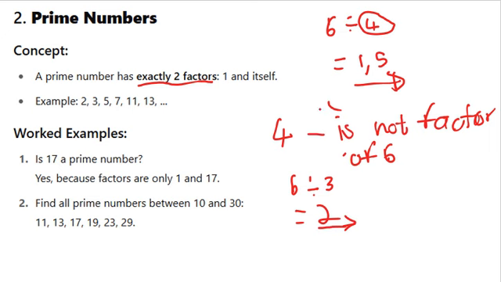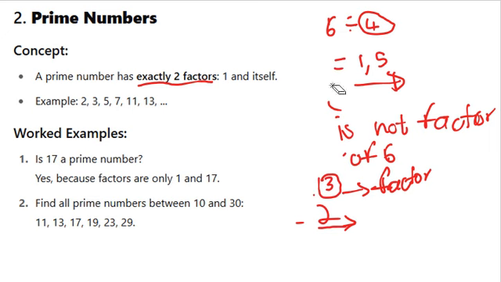This means that 3 is a factor of 6. I want you to first understand what factors are: numbers that divide the original number and give you another whole number.